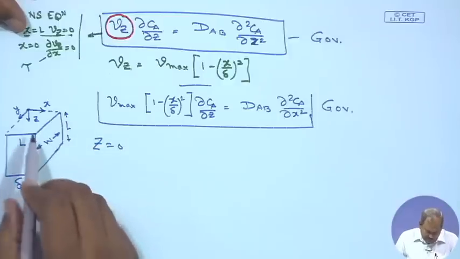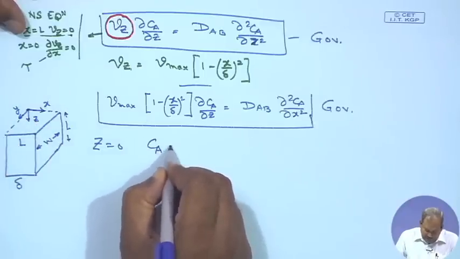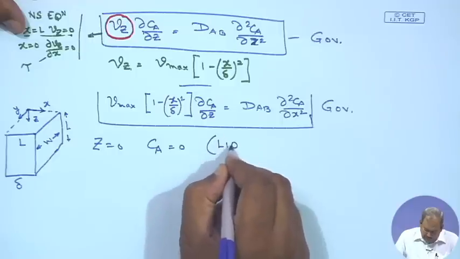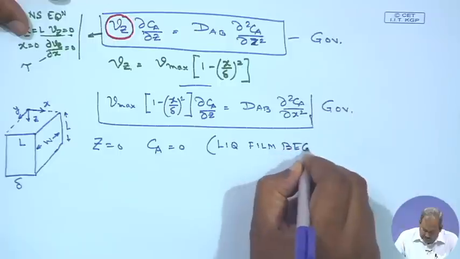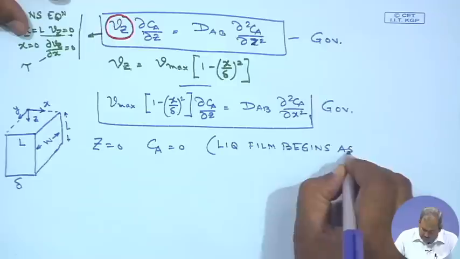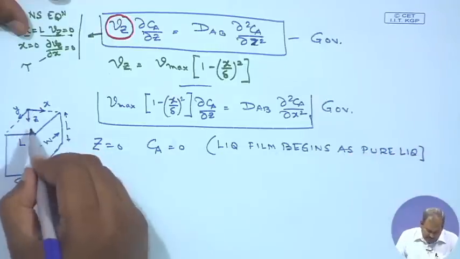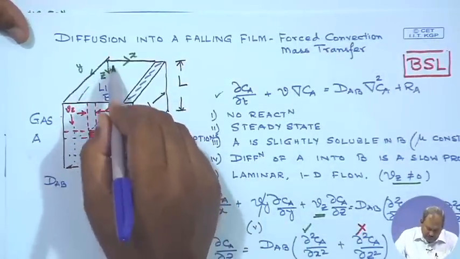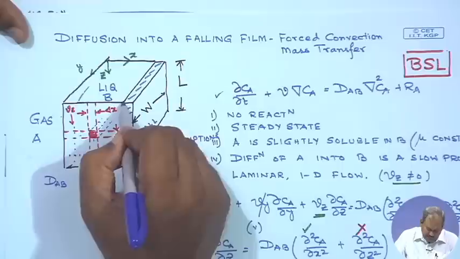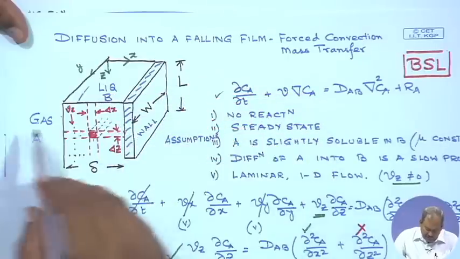So, at z equals 0, that means at the beginning, at the top, the liquid film begins as pure liquid. So, no A is present in the liquid when it comes in contact with the wall. At z equals 0, in this plane the liquid is pure liquid, and as it starts to travel downwards, it is going to absorb A and so on.